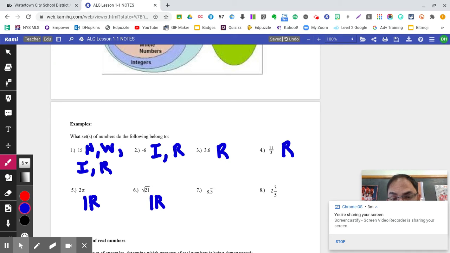Number 7, this has a bar over it. If we remember from last year and maybe the year before, that just means that number repeats. So repeating decimals are rational. Again, any number that can be put in the form of a fraction, also rational.